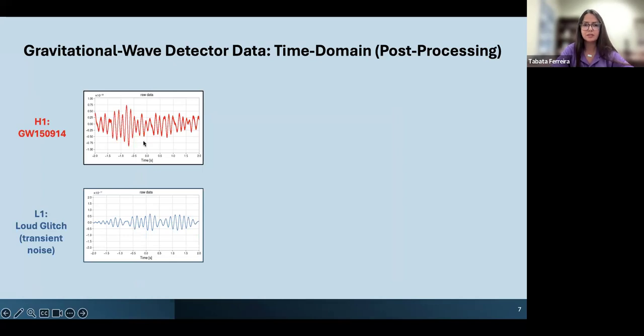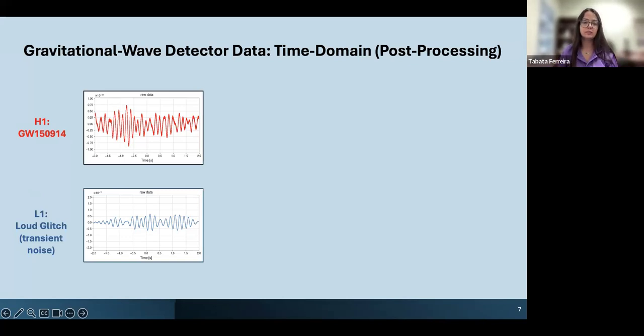We can say maybe that there is a dominance of low frequency, but we cannot see the presence of a signal. For example, here I have the signal during the first gravitational wave detection in Hanford, and here I have a transient noise signal. And if you compare these two plots, we are not able to say where is the signal, whether it's a glitch or a gravitational wave signal.